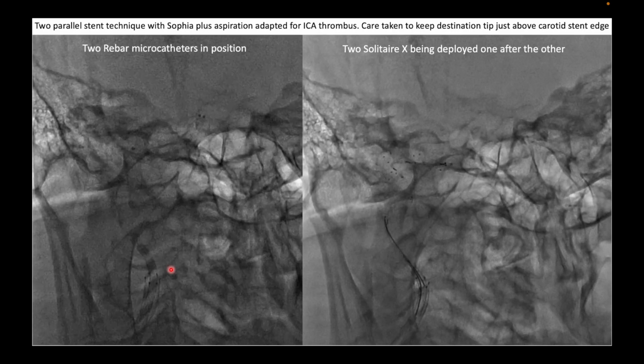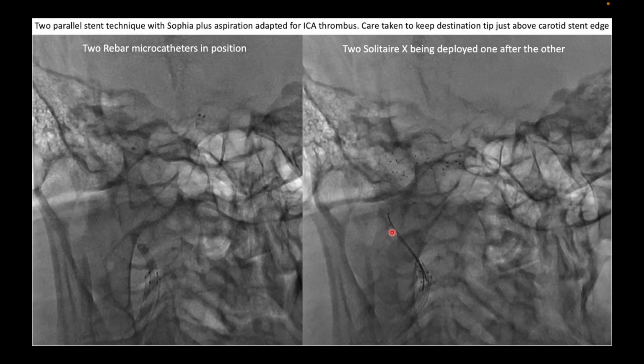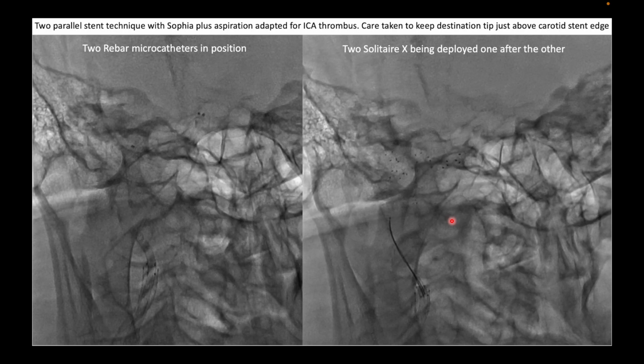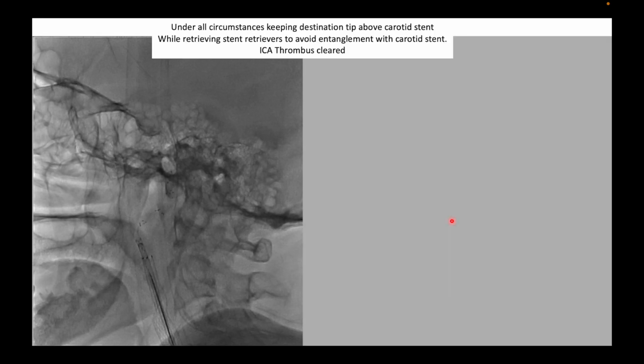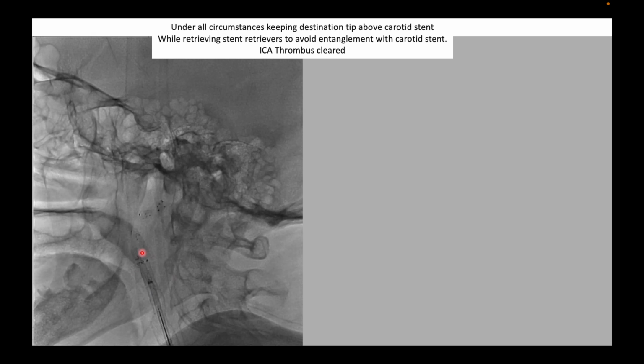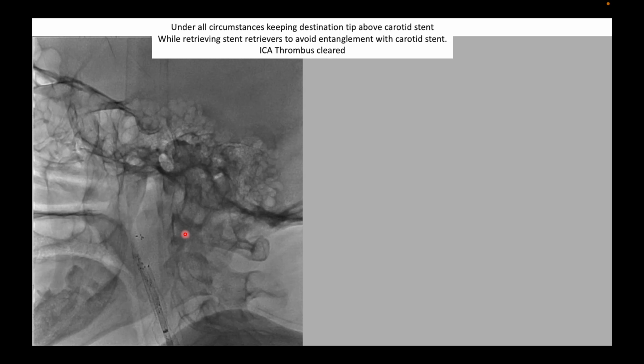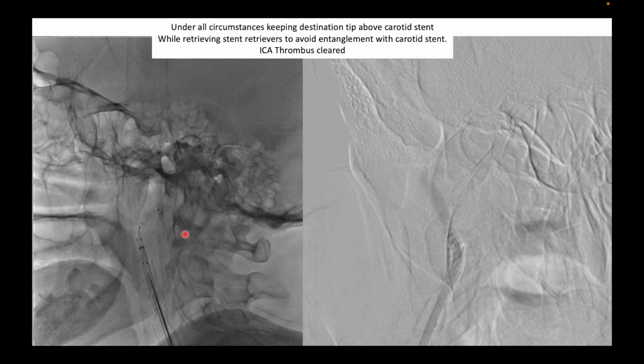Then the contact aspiration device, Sophia Plus, was again taken up onto the stent retrievers, and the whole unit was retrieved, making sure that the Destination sheath remains above the level of the carotid stent so that these two stent retrievers do not get entangled.